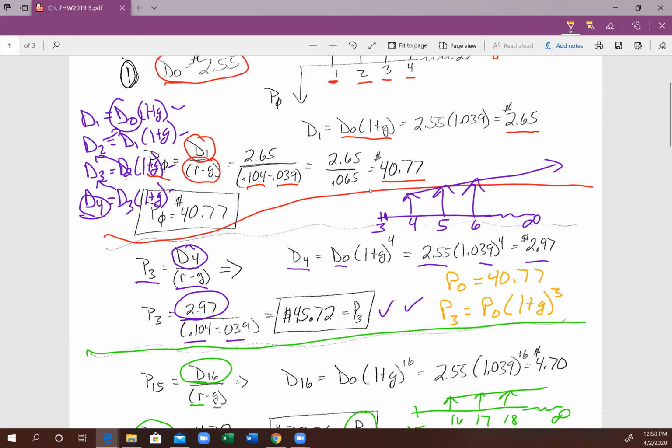That's just kind of a proof to show you that the growth rate implies the rate at which the price of the stock is going to increase over time.